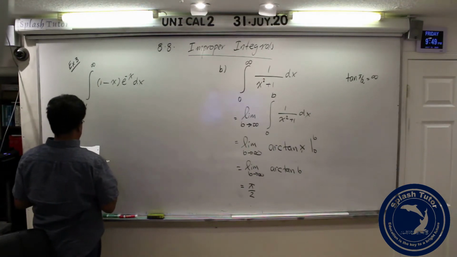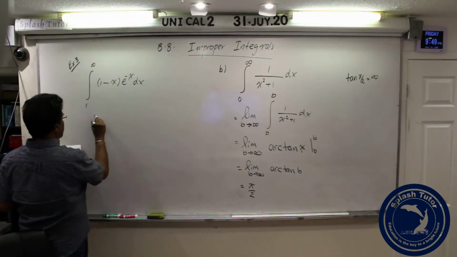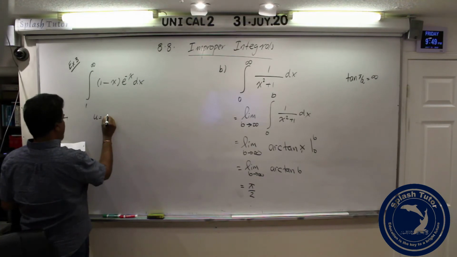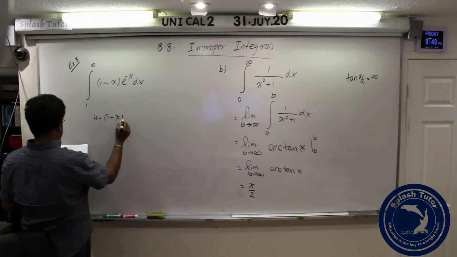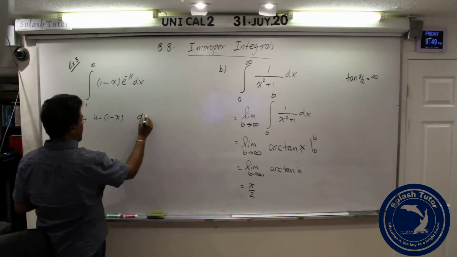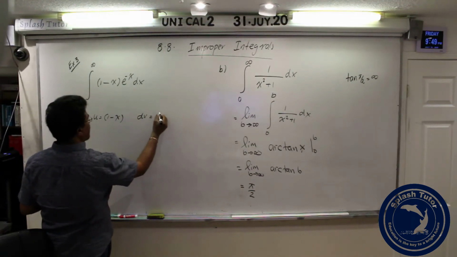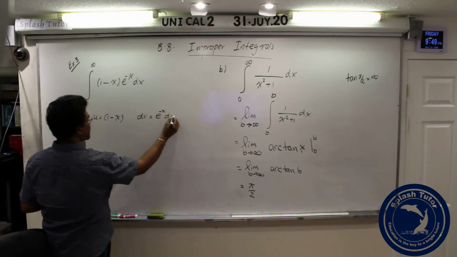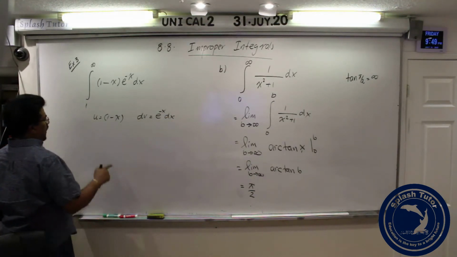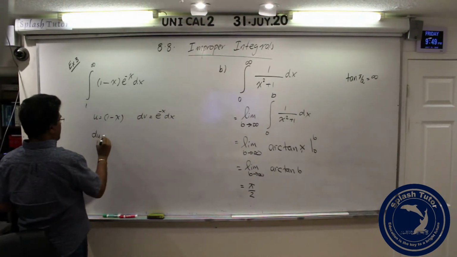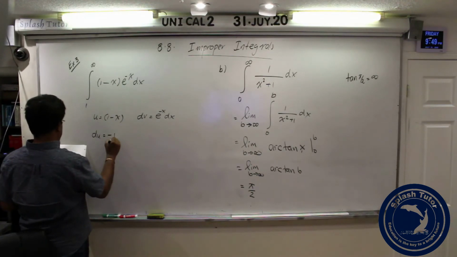Now what we have is u is equal to 1 minus x, and dv is equal to e to the power minus x dx. Now du is equal to minus 1, right?